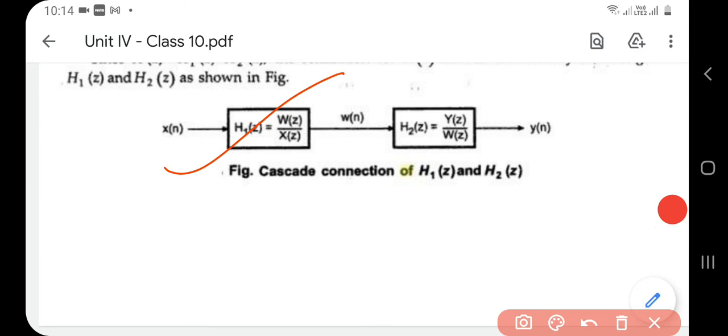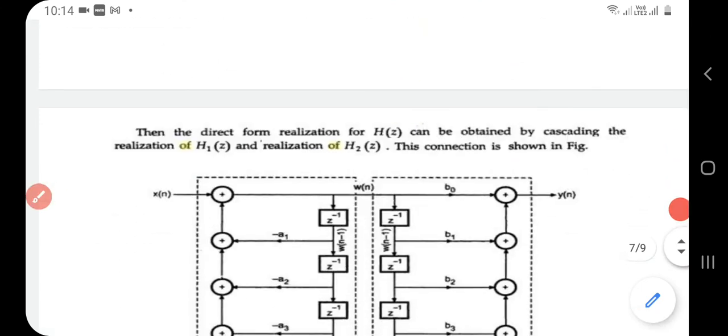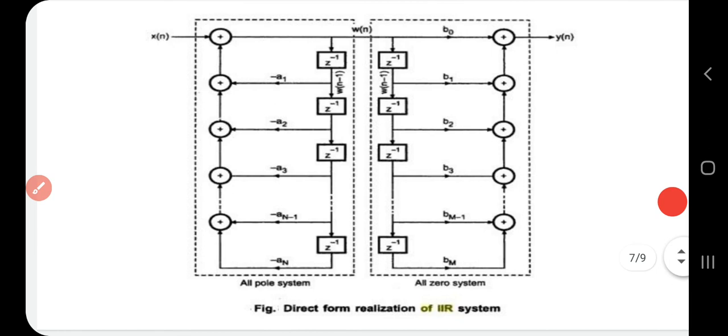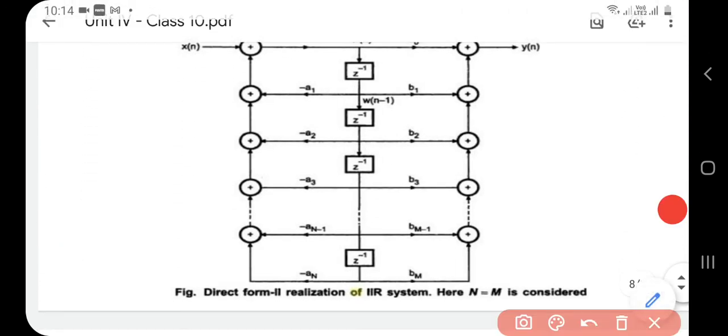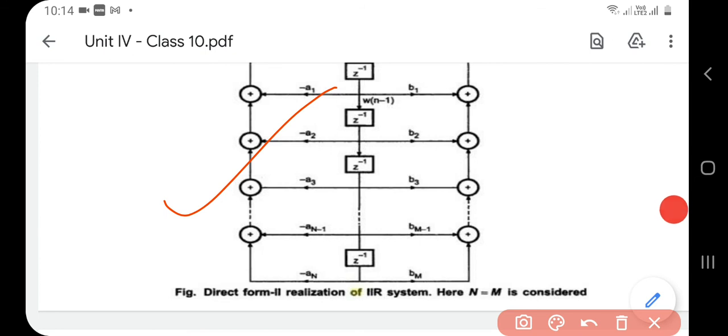That is a block diagram, and the other diagram also you have to draw, and after that you have to write a sentence like this, that is, the delay elements of H1Z and the delay elements of H2Z are now combined to form a single delay element, and then we will get the resulting figure for direct form 2 realization as this. Then draw this figure. So that's enough.